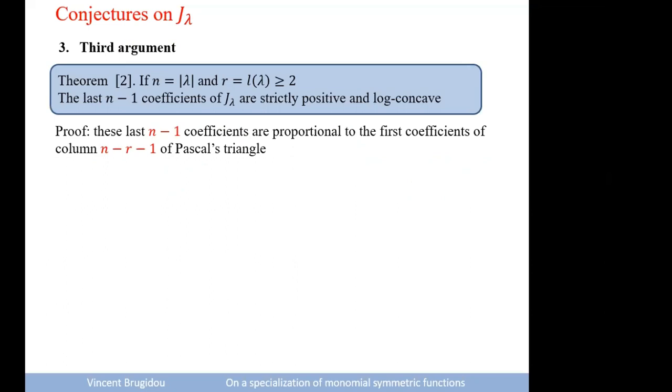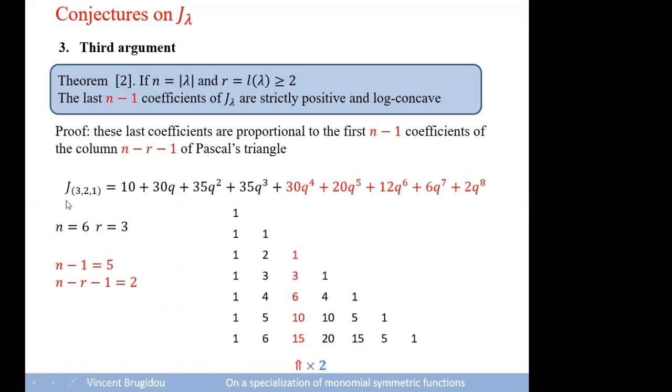The third argument for the conjecture is that they are verified by the last n-1 coefficients of J lambda. Indeed, we have shown that these coefficients are proportional to the first coefficients of the column n-r-1 of Pascal's triangle.